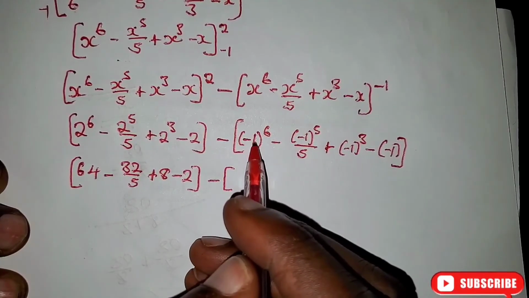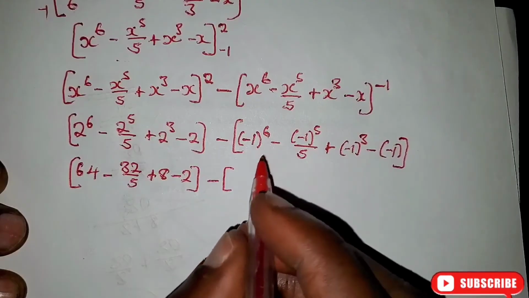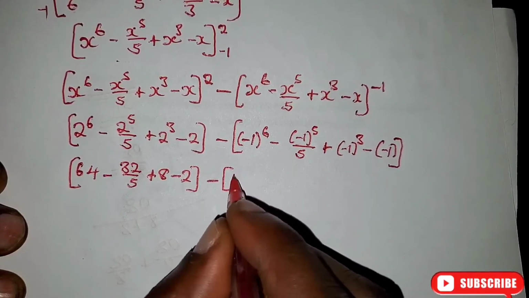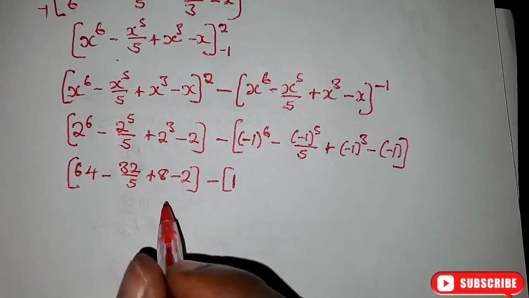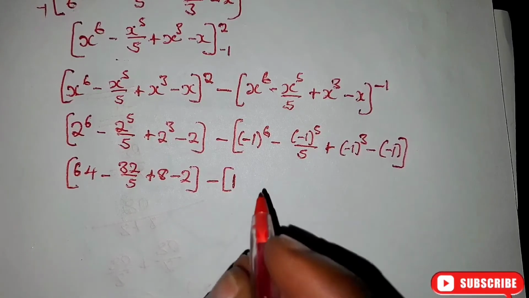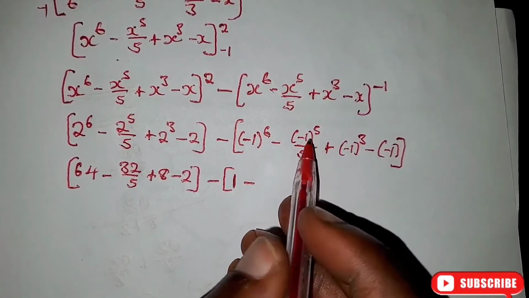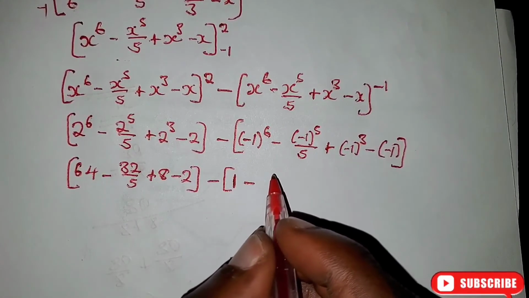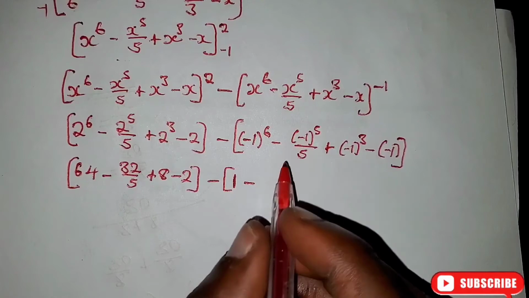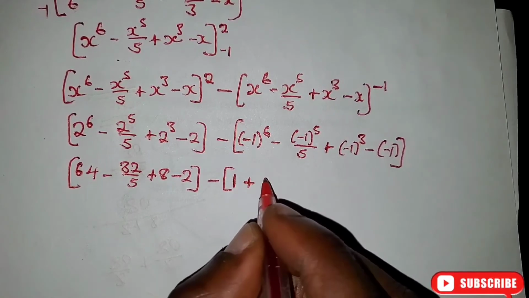Now when negative 1 is raised to an even number, the answer will always be positive. So negative 1 to the power 6 will be positive 1. But this is an odd number, so it will be negative 1. So negative 1 times this negative 1 is just 1.